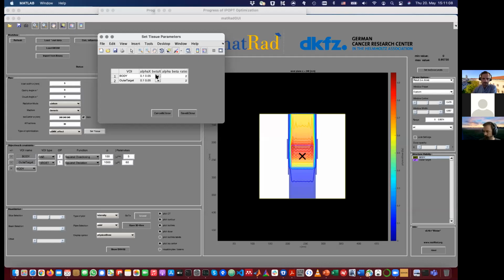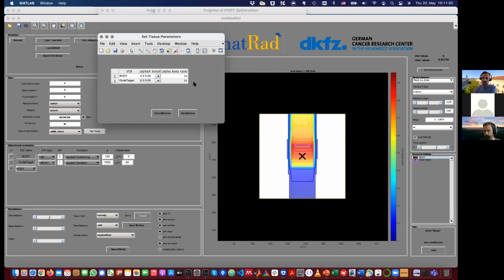Now we can switch. Here's a little drop-down menu for each structure, and we can switch to the second option, which is an alpha x of 0.5 and a beta x of 0.05. So the alpha beta ratio for this tissue type is 10 in the photon world.